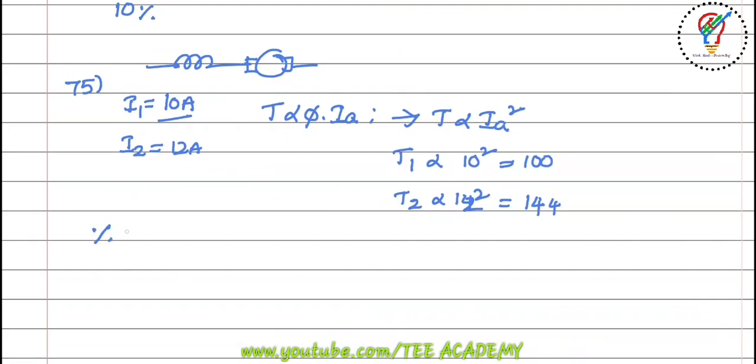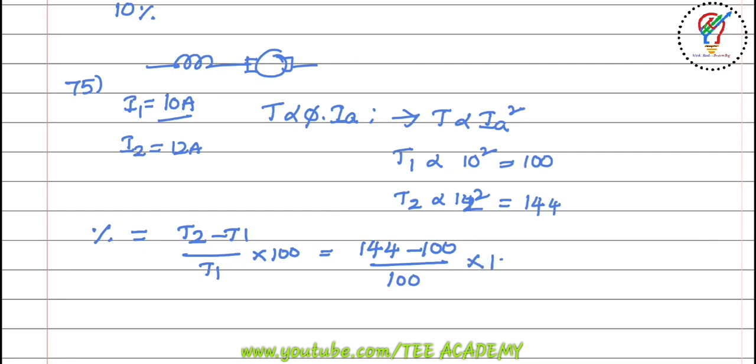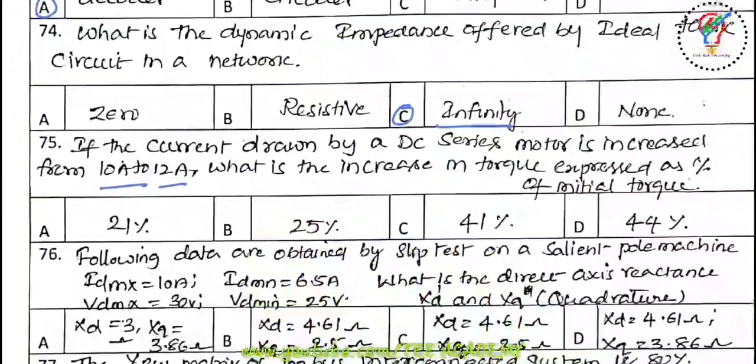So the percentage is T2 minus T1 divided by T1 into 100. So 144 minus 100 divided by 100, initial torque being 100, and we multiply with 100 for the percentage. That's nothing but 44 percent. So for the 75th question, the answer is 44%, and D is the right answer.